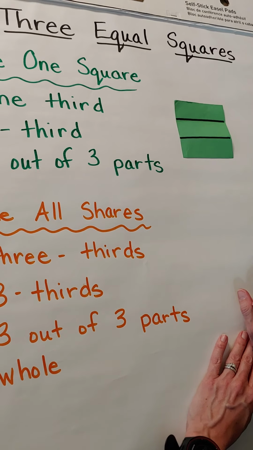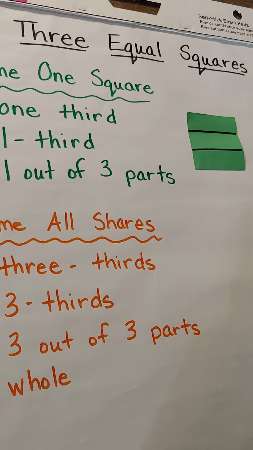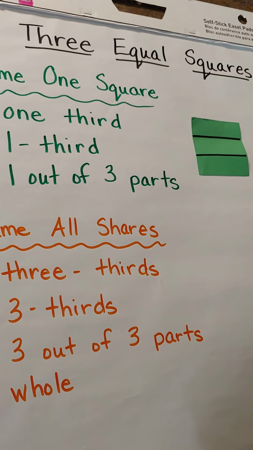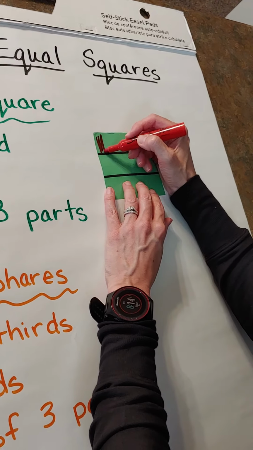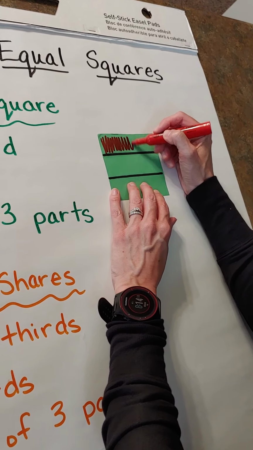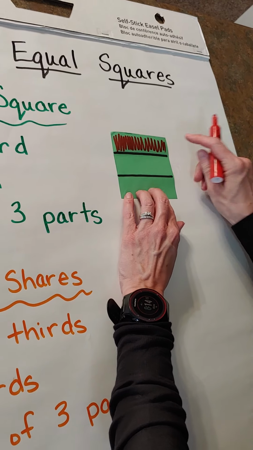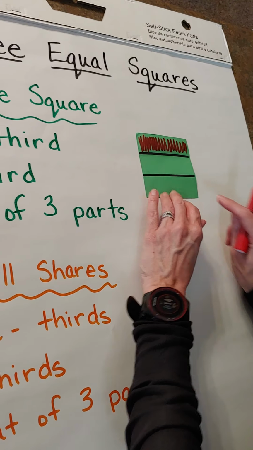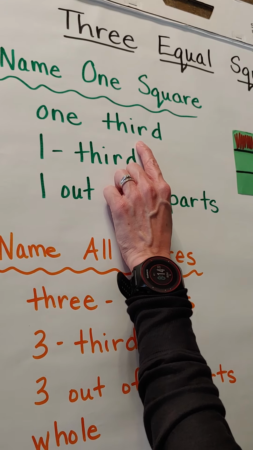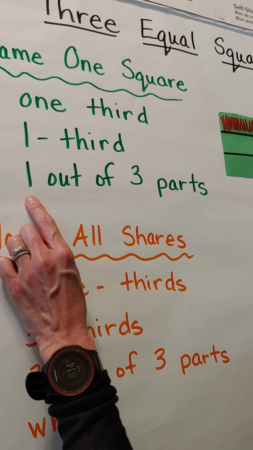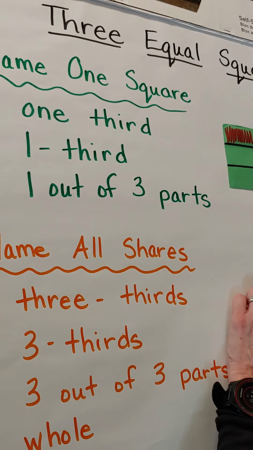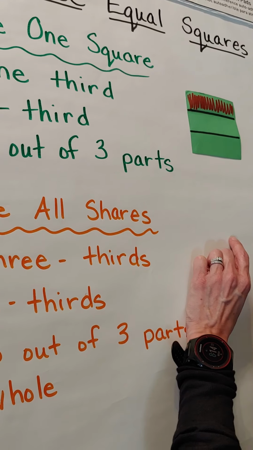If I wanted to show just one share, I'll grab my red marker so you can see that, friends. This would be 1 out of 1, 2, 3. So that would be 1/3, or 1 out of 3 parts.